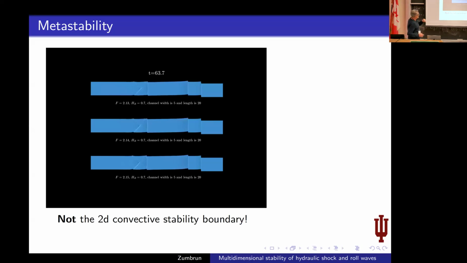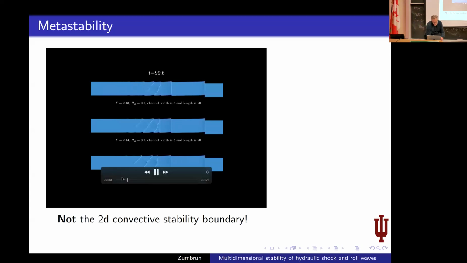And some of these are still stable. So the smallest one, 2.13 on the top, you can see, well, maybe you can't see yet, but we will see that, yeah, we'll move it up a little bit. So it formed a nice herringbone, but on top, you can see the herringbone is now being overtaken from the right by the shock.